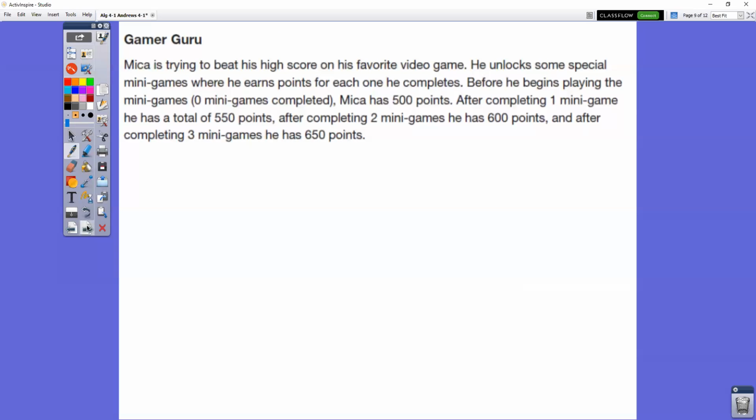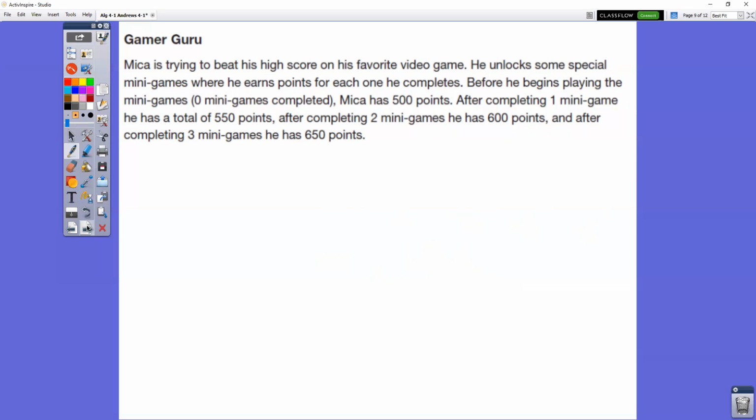Gamer Guru. Micah is trying to beat his high score on his favorite video game. He unlocks some special mini games where he earns points for each one he completes. Before he begins playing the mini games, 0 games completed, Micah has 500 points. After completing 1 mini game, he has a total of 550.